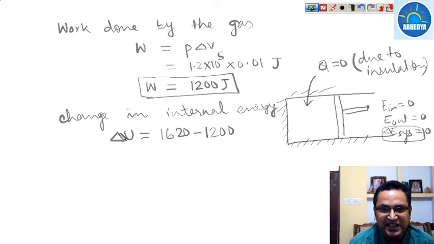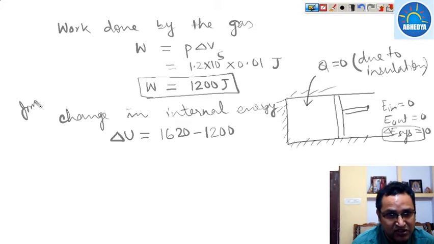So change in internal energy can be calculated as total heat generated within the system minus the 1200 joule, means this part of the heat has been used as work done, so the rest will be used for the change in internal energy. This is a very important concept. You have to remember, don't confuse that whatever amount of heat is generated, that is equal to this heat. This heat is something different, which is transferring heat, and here this heat is the energy liberated within the system. This is the work done within the system.